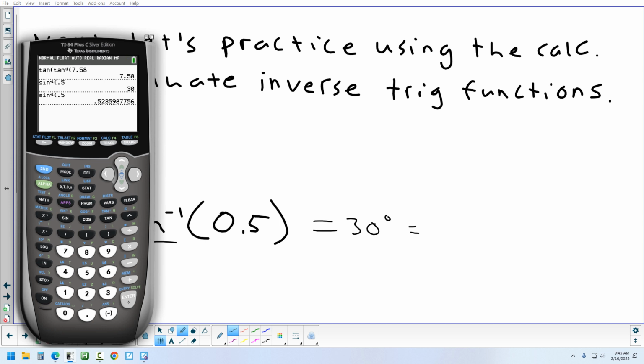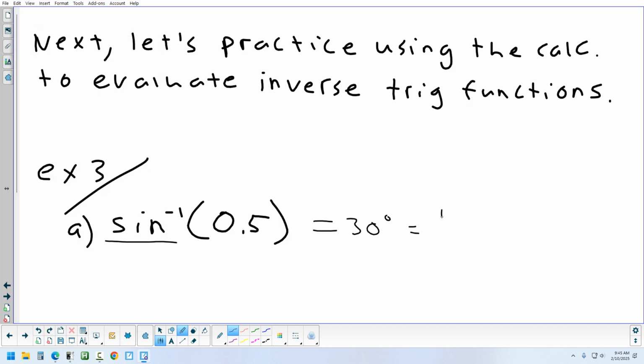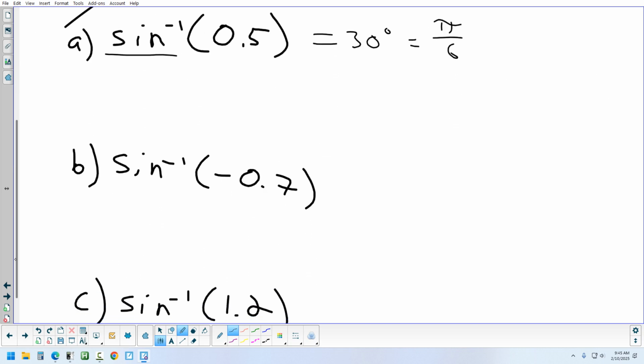What's 30 degrees if you write it in radians? Isn't it pi over 6? The calculator won't tell you that, but that's the answer I would be asking you for. I can only ask you for an answer like that if it comes out nice in degrees. If you have something like that, it's not going to come out nice no matter which way you do it.